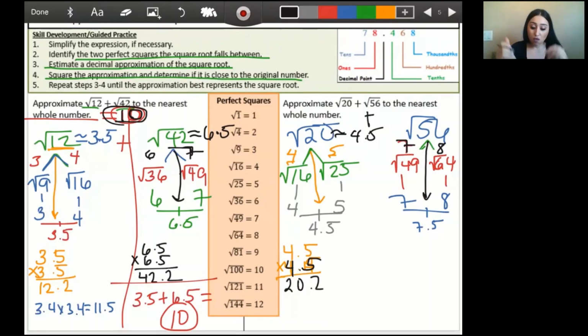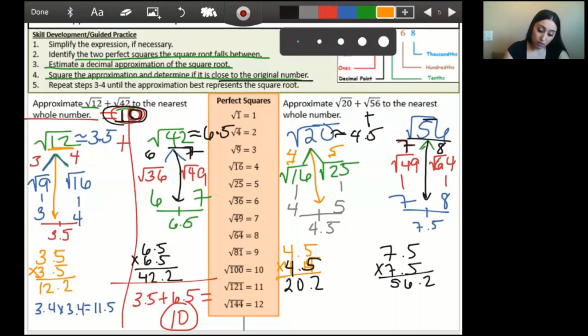So now I'm going to try 7.5 times 7.5, which leaves me with a total of 56.2, and I'm left really close to the original number. So 56.2 is really close to 56. So now I have the approximation of the square root of 56, and I'm going to put my approximation sign. Here is about 7.5.